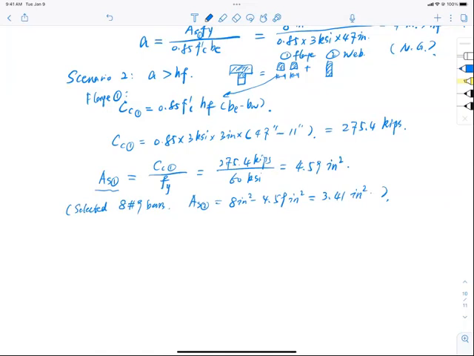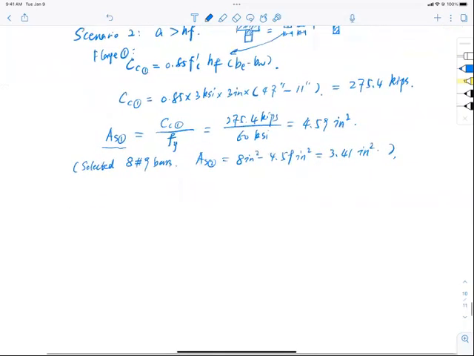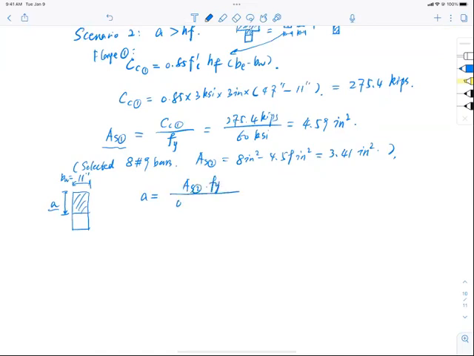Okay, so with that, I say, look, now I can talk about my web here. And my web has this tiny thing here. This is A, this is BW, which is 11 inch, by the way. So my job is to find A, right? So A should equal to T, which is AS2 FY, divided by 0.85 F prime C BW, because this is the web, right?